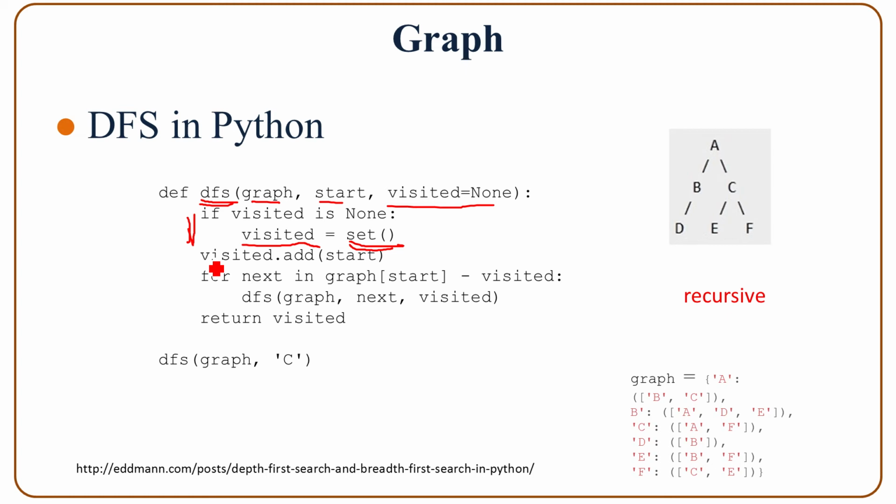Okay, let's look at the next slide. If you pass a start node to DFS, then it is added to the visited set.